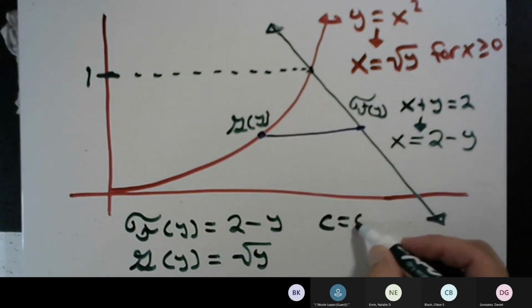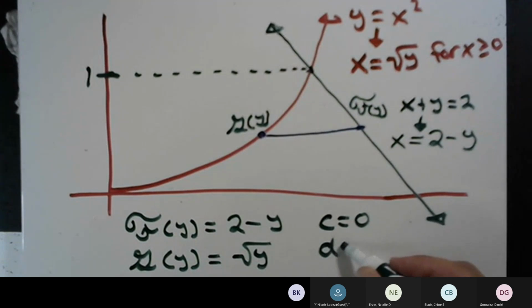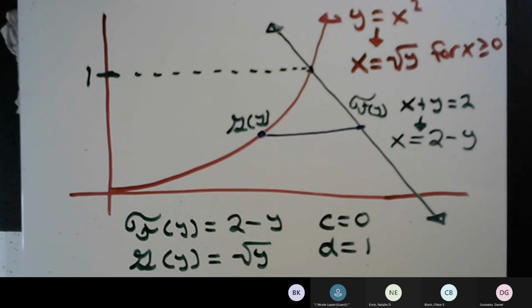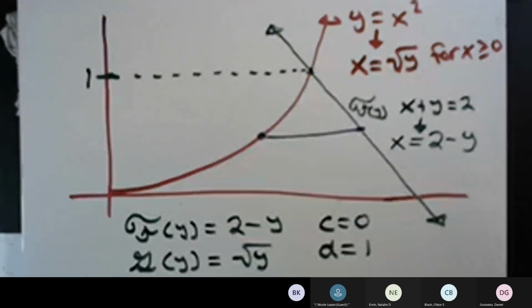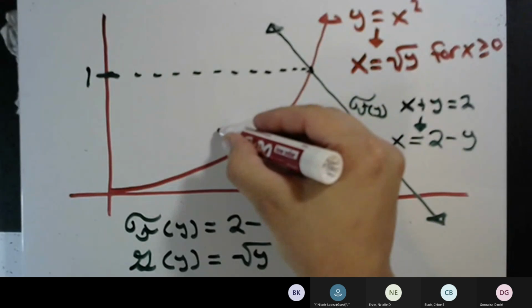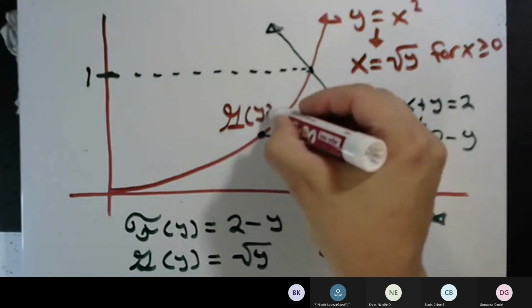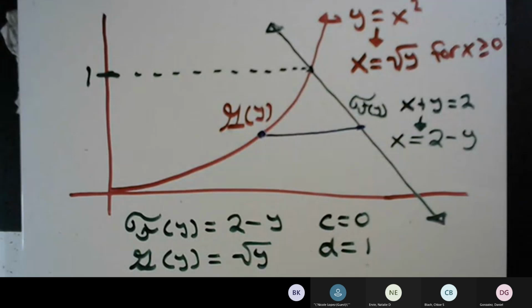So c is going to be 0, and our d is going to be 1. And here I'll give g of y the coordinating color. So questions about that?